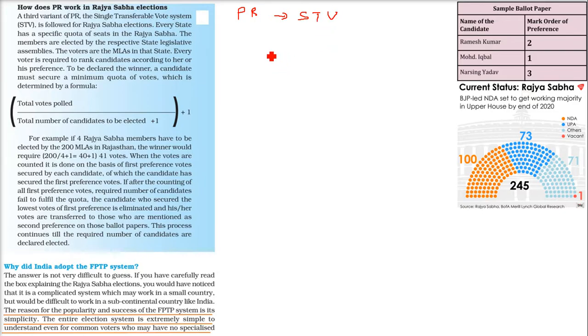In Rajya Sabha, every state has a certain number of seats. Let us take this example. This is Rajasthan, and Rajasthan has a quota of, say, four Rajya Sabha members. Now, say the state has 200 MLAs. So, what will be the formula?